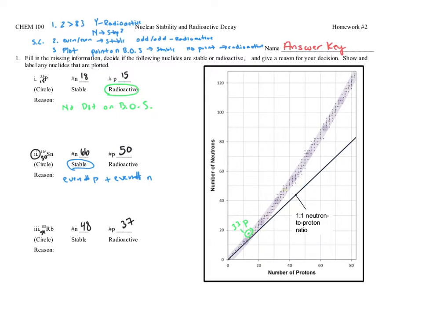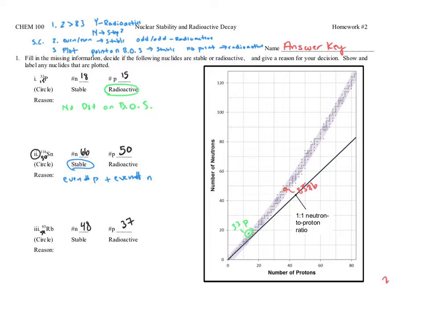And we can see that the middle dot of those 3 is in fact our rubidium 85.